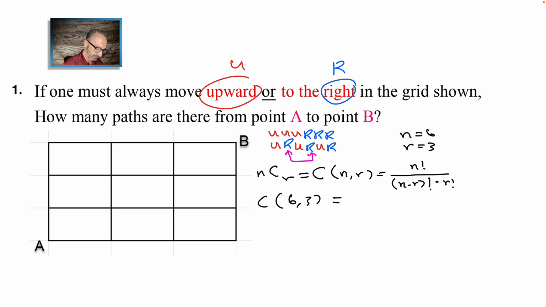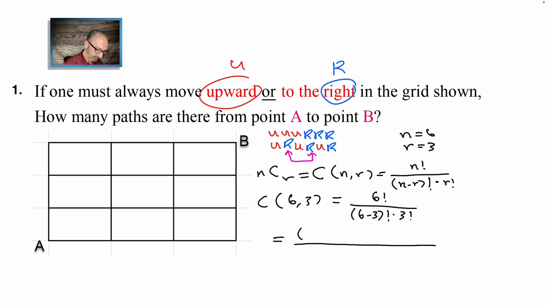That will equal 6 factorial over (6 minus 3) factorial multiplied by r factorial, which is 3 factorial. We don't need a calculator for this. Usually we reach out to the calculator after we simplify some numbers because that's kind of lengthy to type.